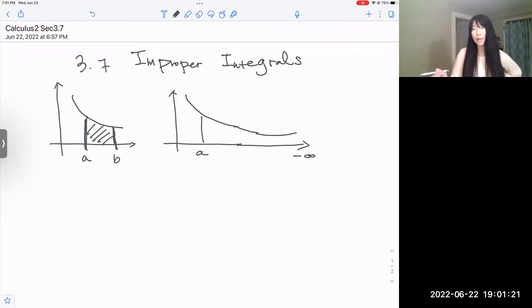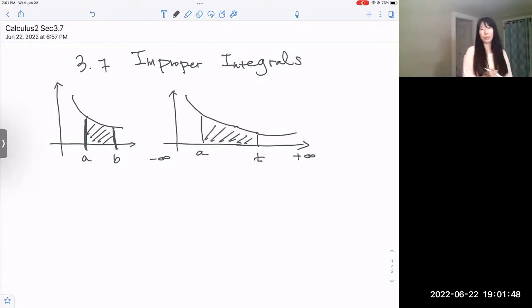In that case, we don't use positive infinity or negative infinity. We're going to use a limit, and we change it to positive infinity or negative infinity, labeled as t in this book. So we want to find the area under the curve.